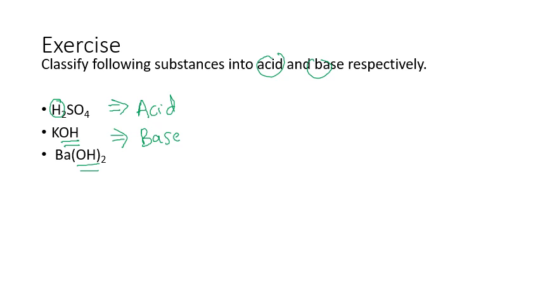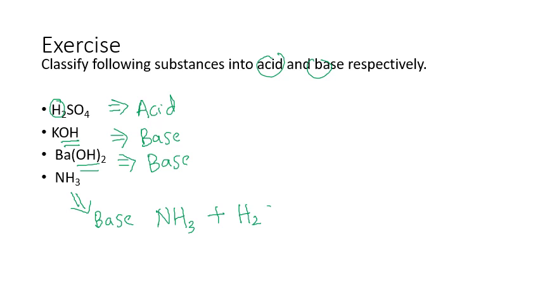Barium hydroxide also, we can see the hydroxide ion, it is a base. However, NH3 is also a base, but we cannot see the hydroxide ion in the formula, which means you need to write down the chemical equation. Let's predict what products form when NH3 is dissolved in water.